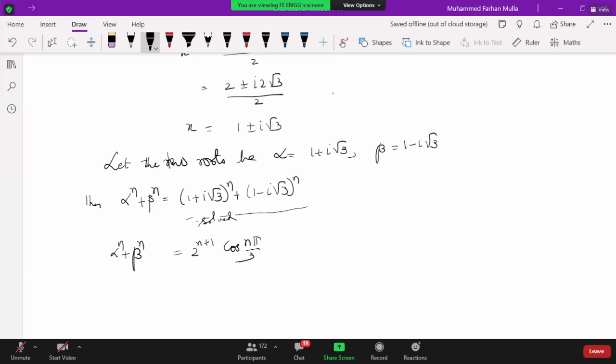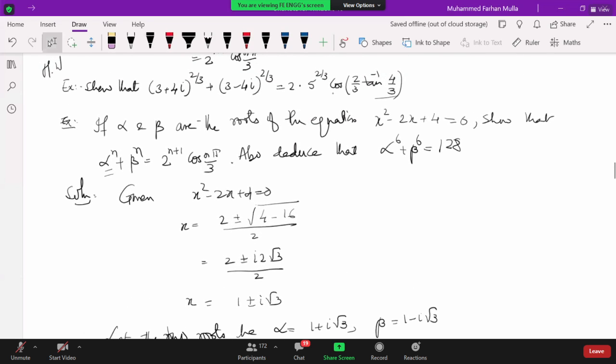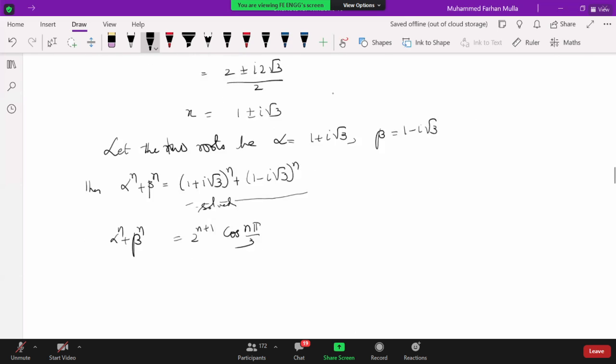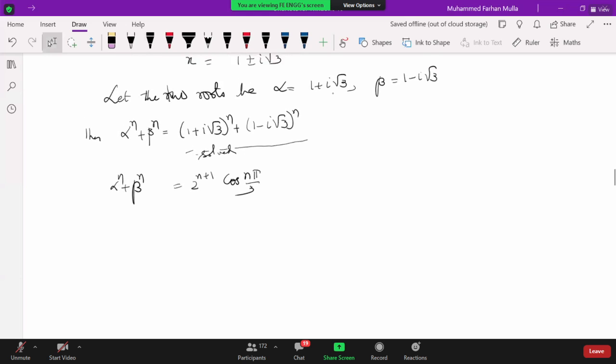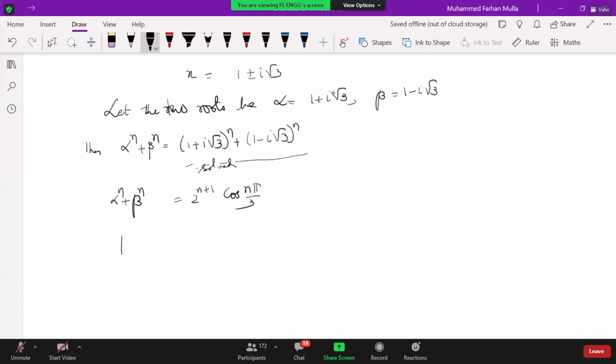Same example, but here one additional thing is being asked, that is alpha raised to 6 plus beta raised to 6. So put n equal to 6. So it is alpha raised to 6 plus beta raised to 6. So 2 raised to 6 plus 1 cos of 6 pi by 3.